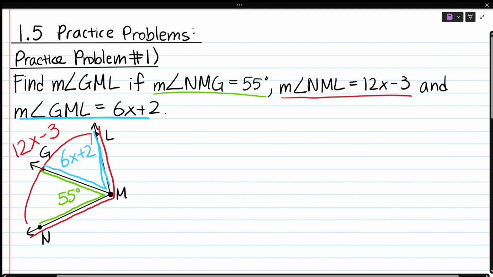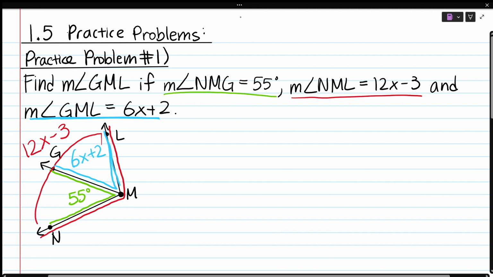So I'm going to start, whenever we do these type of problems, step 1 is set up your equation. Right? How do we set up our equation here? Using a picture.